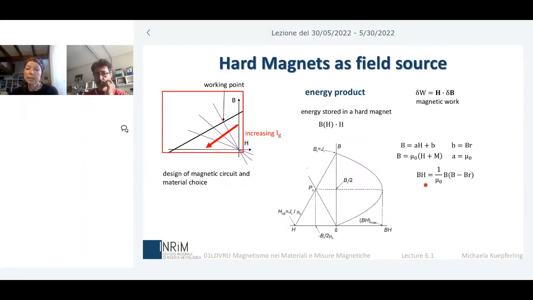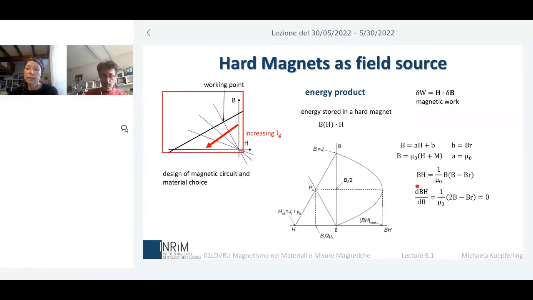So we can write immediately this product by expressing H, and you find this simple relation. This simple relation, of course, is a quadratic curve. And this is plotted here, this quadratic. So you see here BH plotted with respect to B on the right-hand side.